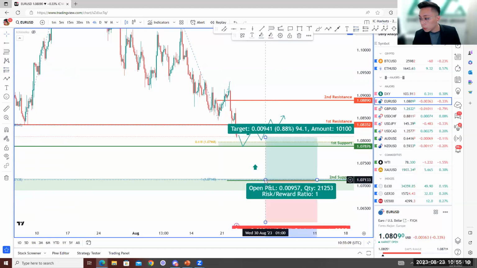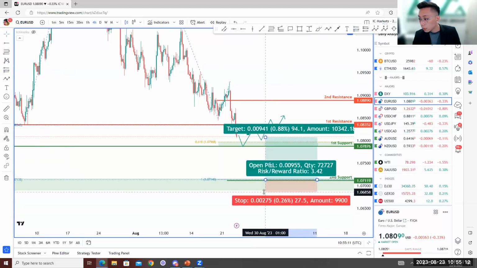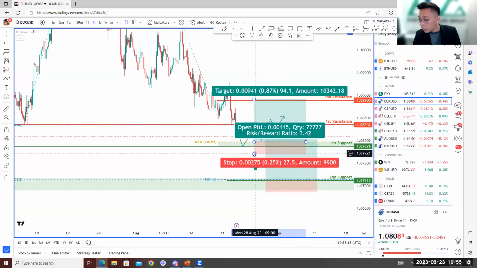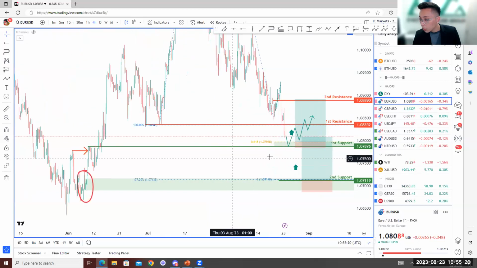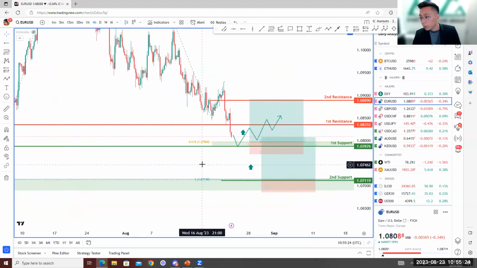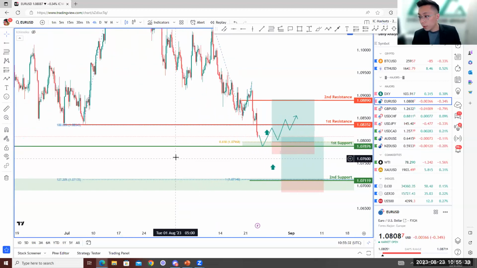So yeah, I'm trying to find an ideal trade. Maybe here. Yeah, so this is what I'm essentially looking at. Yeah, that's for EU, right?